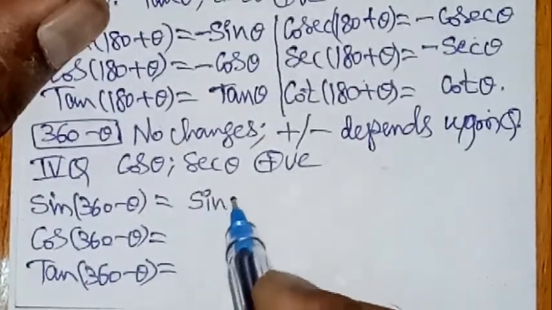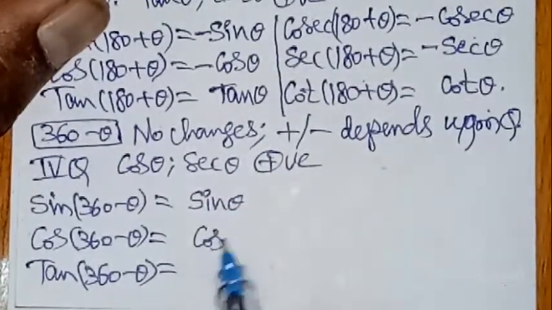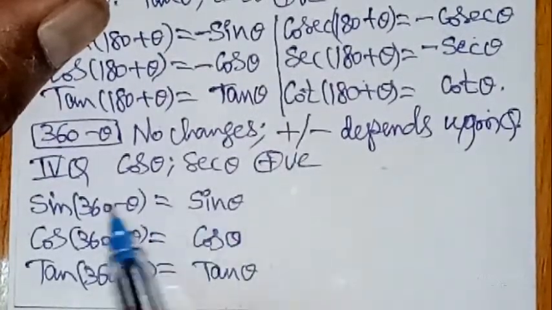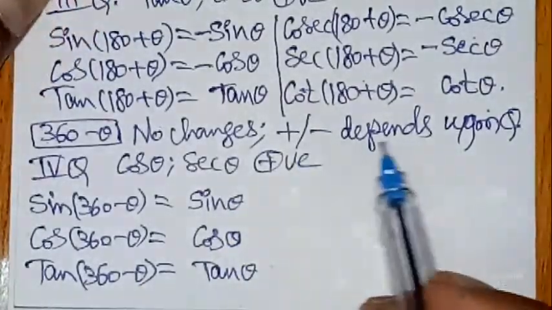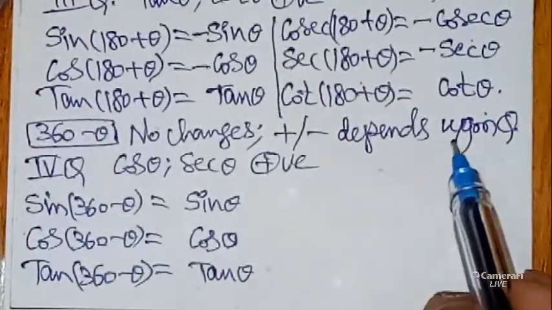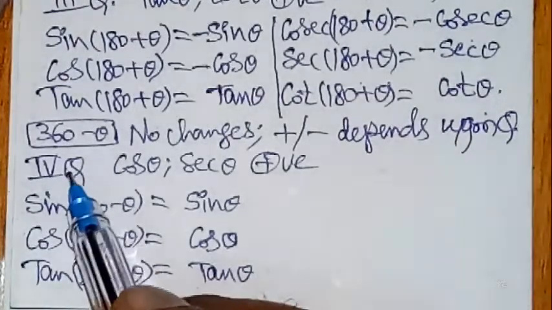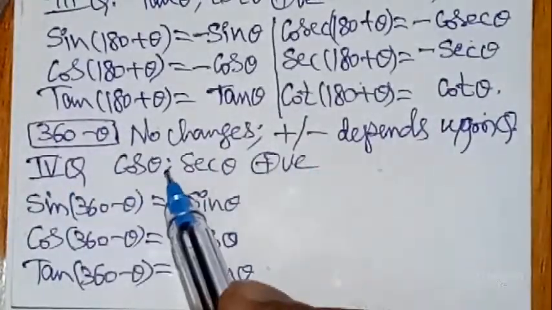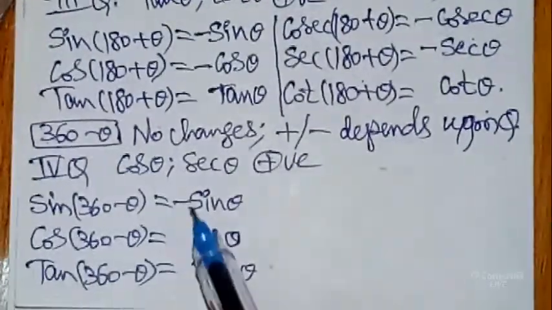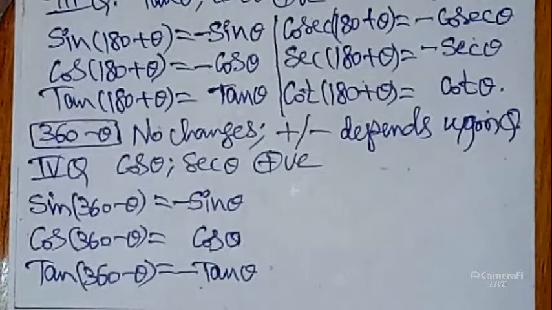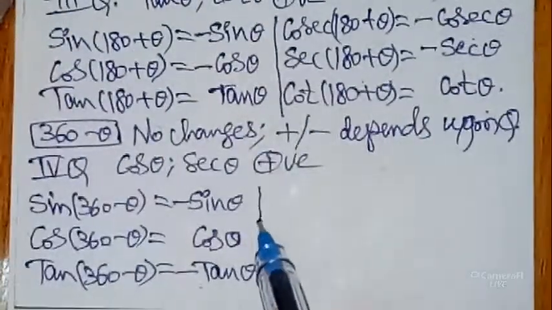Sin is sin, cos is cos, tan is tan. After that you can verify plus or minus depending upon their quadrant. In the fourth quadrant, cos theta is positive. Next sin is negative, tan is also negative.